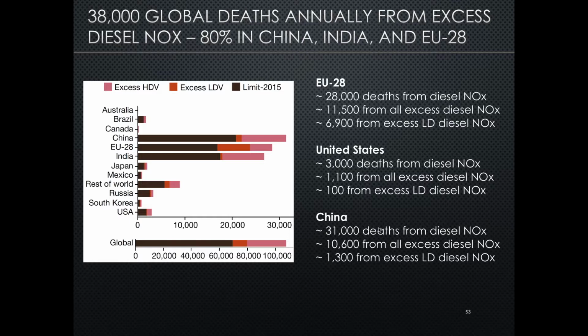Now, this is showing the 2015 numbers that I just showed, but broken down by what is essentially allowable under the current emission limits, shown in the black portion of each bar; excess diesel NOx emissions from heavy-duty vehicles, shown in the pink; and excess NOx emissions from light-duty vehicles, shown in the orange-red color. The first thing to point out is that for most regions, excess emissions from heavy-duty vehicles really dominate the total impacts of excess diesel NOx emissions.